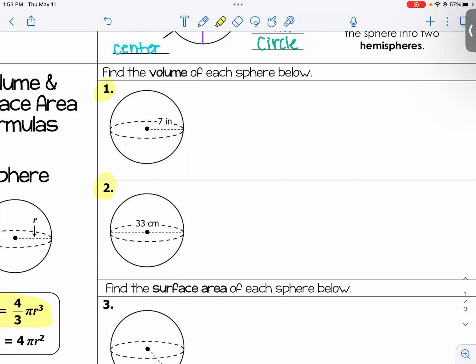The button up under the pi button. Just the volume. Okay, the caret button is right here. So you could put 7 caret 3. Why caret? What does caret mean? Exponent. Makes it an exponent. To the power of.